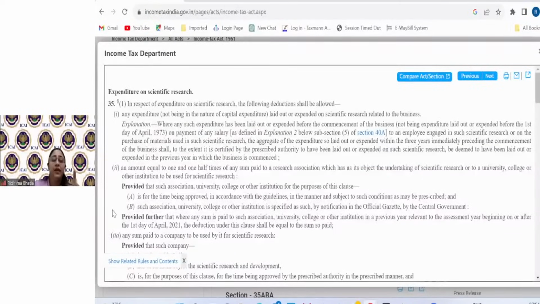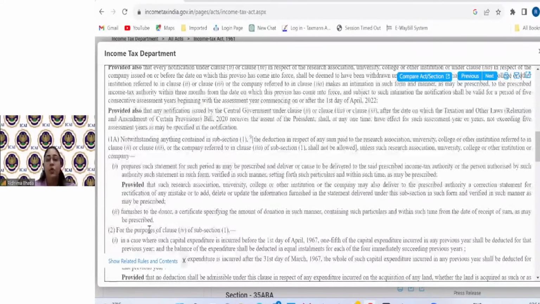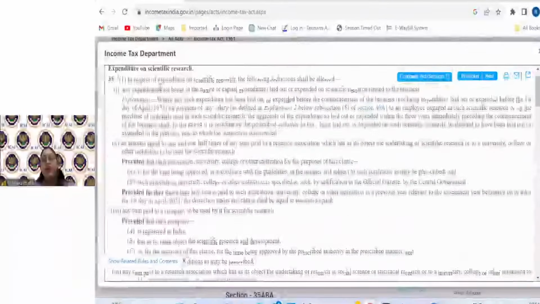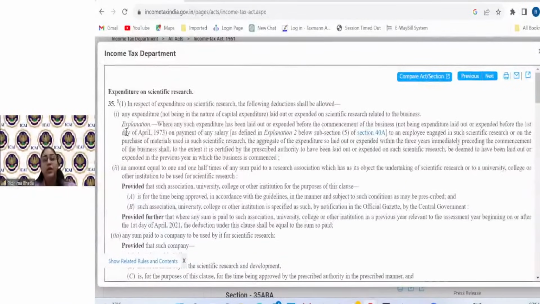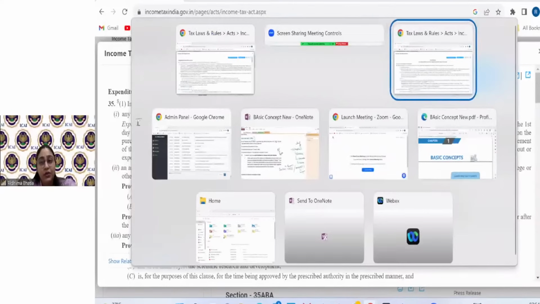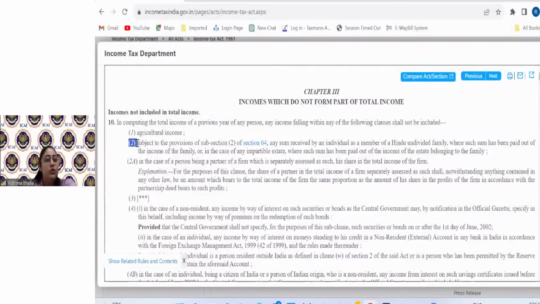To understand Section 35 subsection 2, I first have to read subsection 1 so that I can understand what is written in subsection 2, because these are interrelated and are on the topic of expenditure on scientific research. But Section 10 को समझने के लिए अगर उसका clause 2 समझना है, it is not necessary that I have to read clause 1, because they are independent of each other.